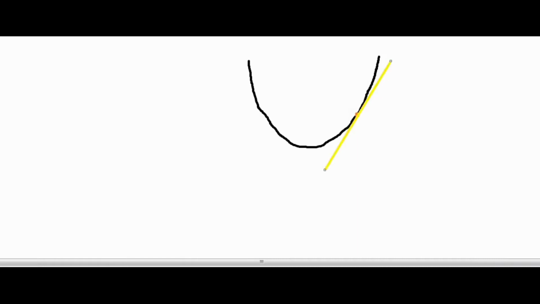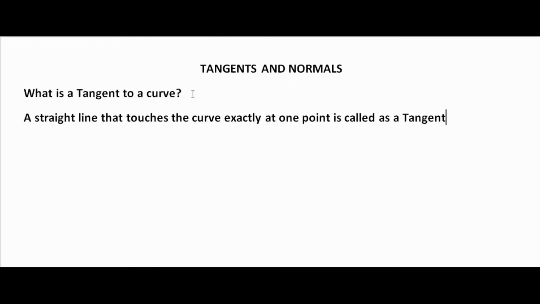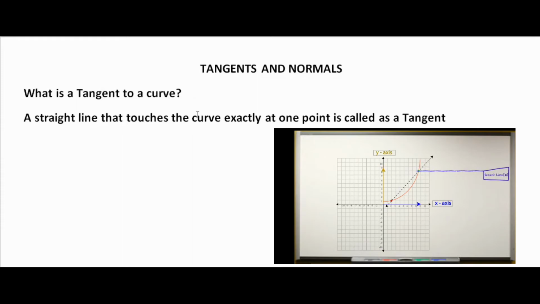What if it touches the curve at more than one point? It is a secant, but here the straight line touches the curve exactly at one point, which is named a tangent. So that graph shows how a secant becomes a tangent.